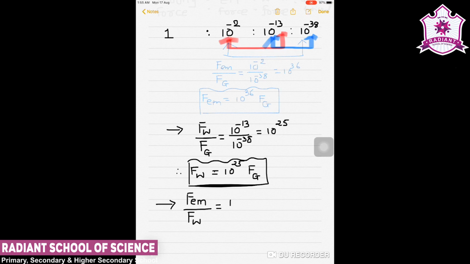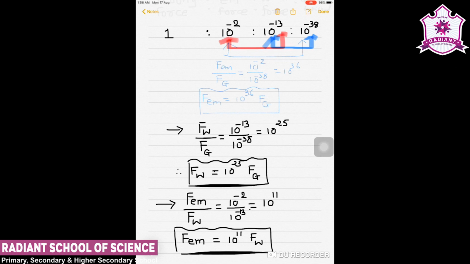See carefully, 10 raised to minus 2, and here this is 10 raised to minus 13. So I can compare, this is 10 to the power 11. So F electromagnetic force is about 10 to the power 11 times stronger than the weak force. So these are some comparisons between these fundamental forces.